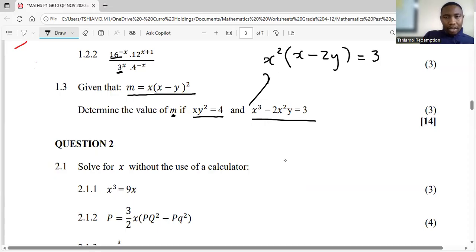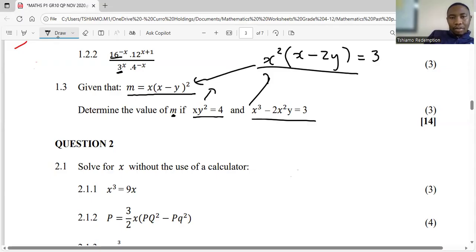Okay, and then how do I make this related to that one? So let's look at this one now. What am I going to do in this? Okay, so it's not happening that way.